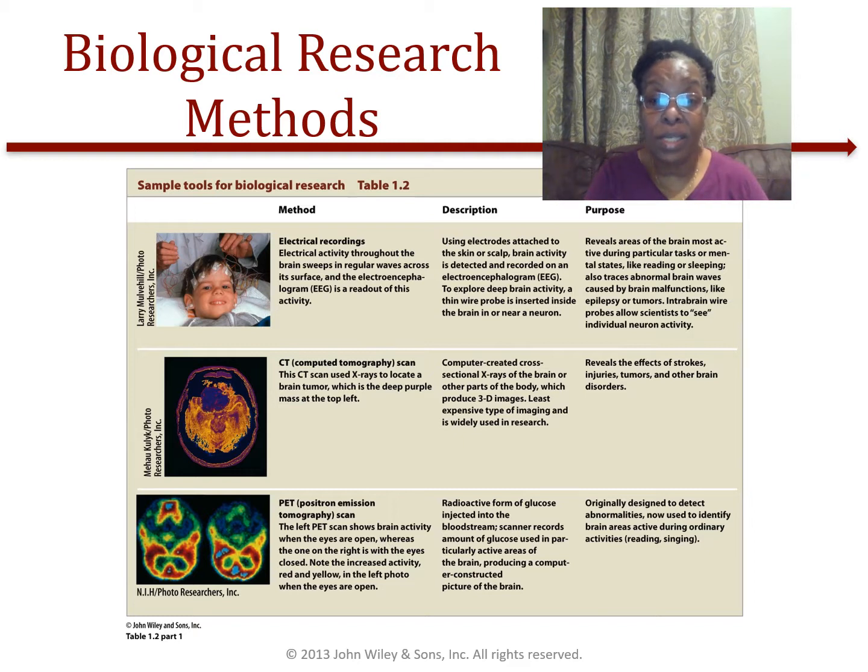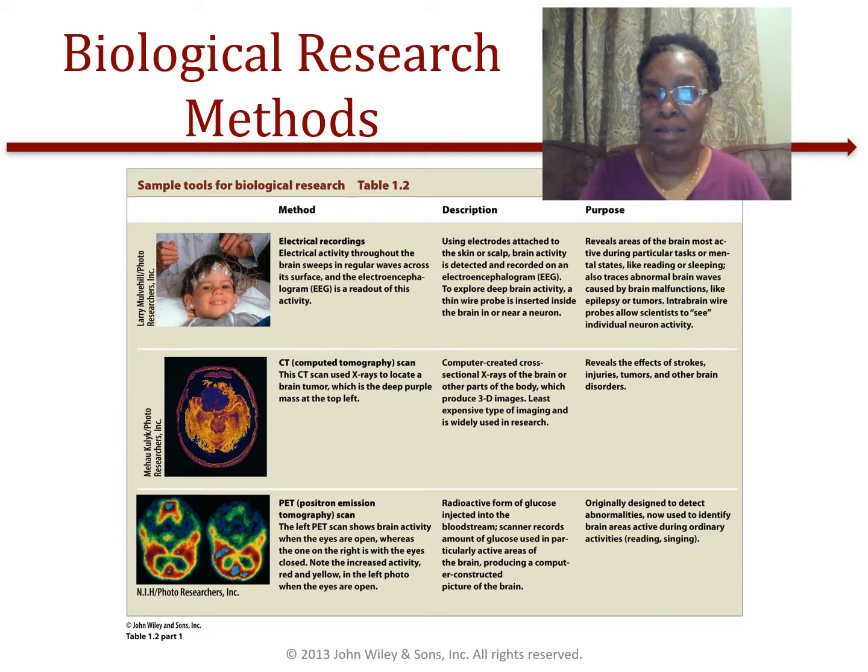Whereas a CT is more like an X-ray, doing cross-sectional scanning of the brain or other parts of the body. It doesn't have to be just the brain. This will produce a 3D image, and it's more inexpensive than some of the other imaging like MRIs, and we'll talk about those.